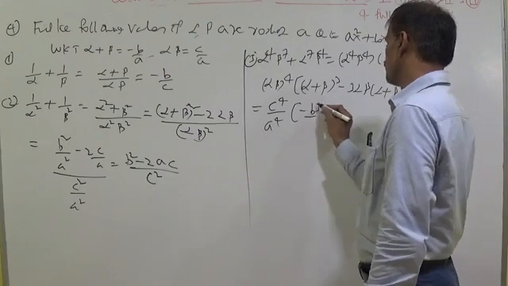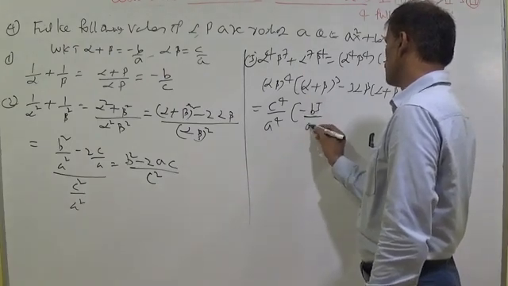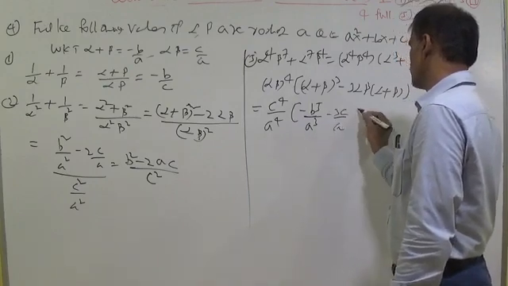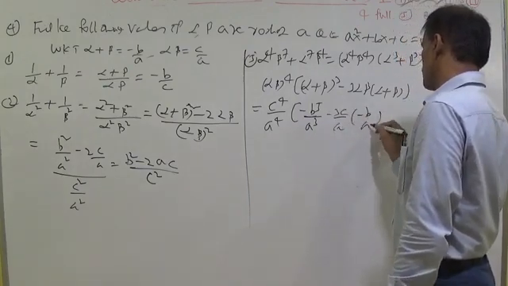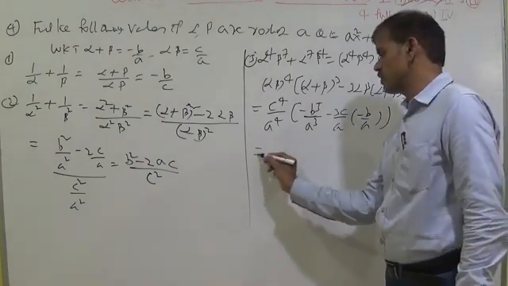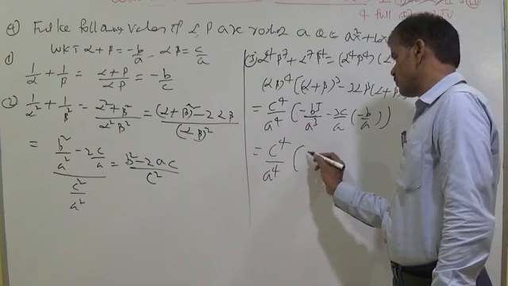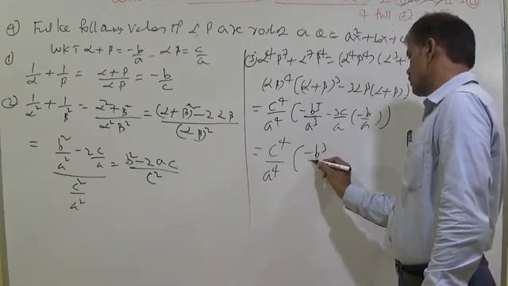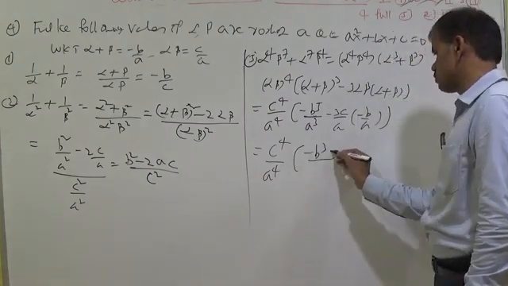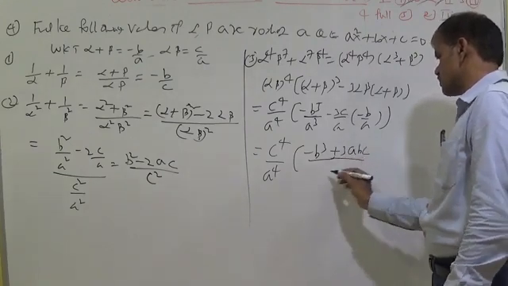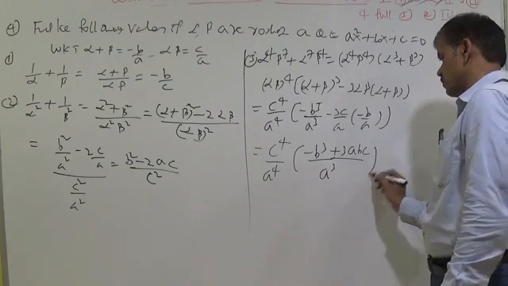So here alpha plus beta whole cube, meaning minus b cube by a cube, minus 3c by a into minus b by a. In the next step you can write c power 4 by a power 4 into minus b cube plus 3abc whole by a cube.